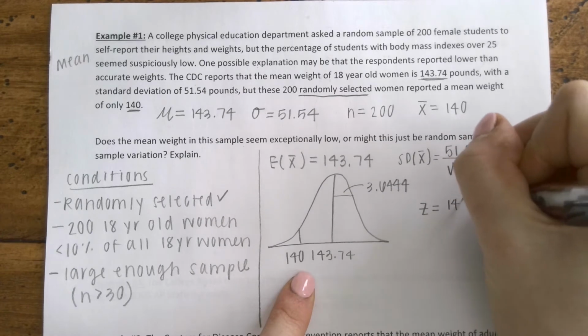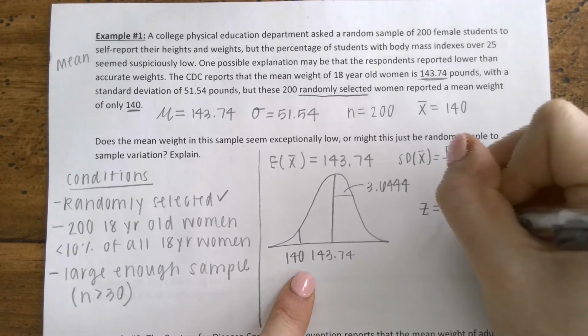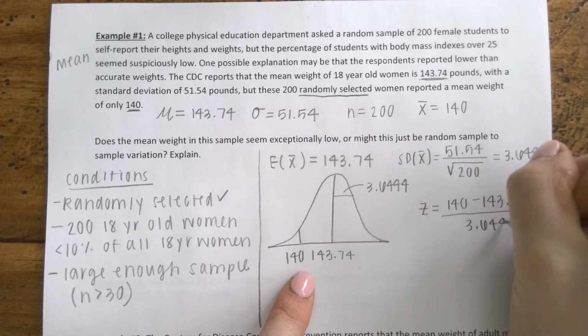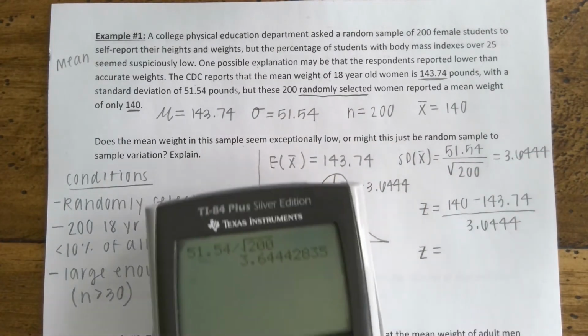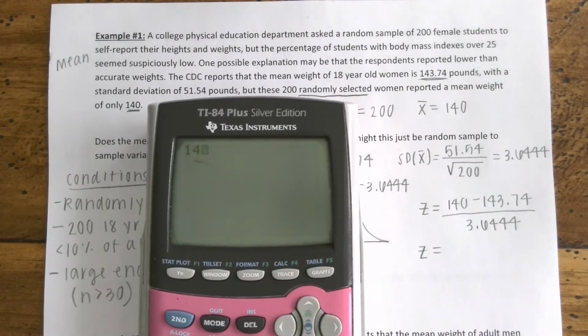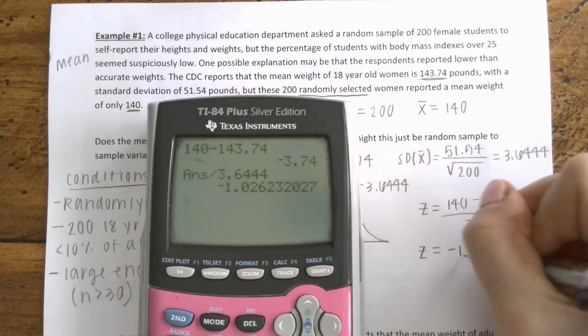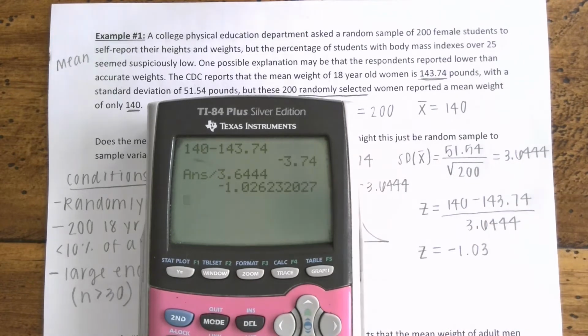So I'm going to take 140, subtract 143.74, divide by standard deviation. So I have a z-score of negative 1.03.